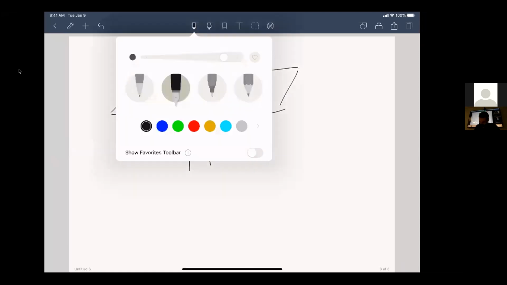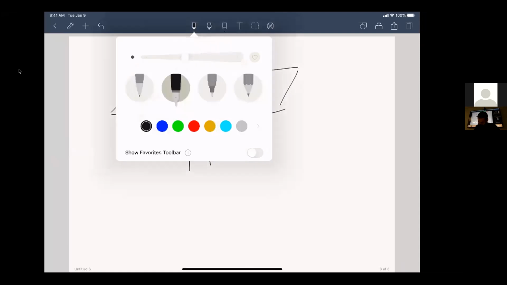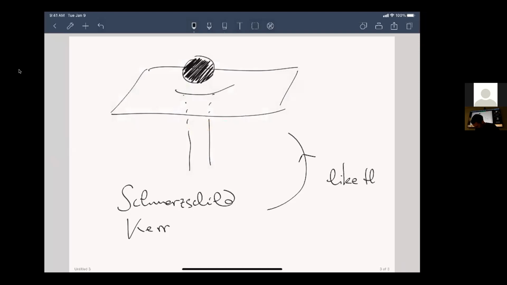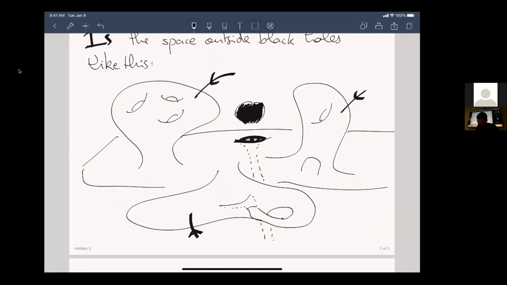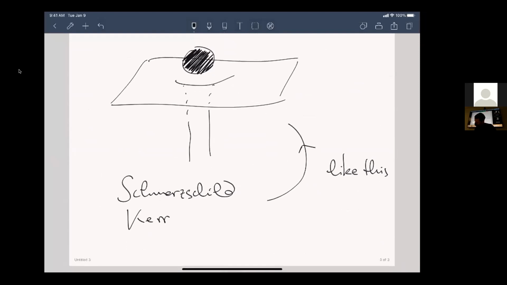So okay, what do we know? Well, what we know is that we have some solutions. We like them because they're rather simple, at least topologically. So of course, in these cases, it's like this. And certainly not like this. Okay.